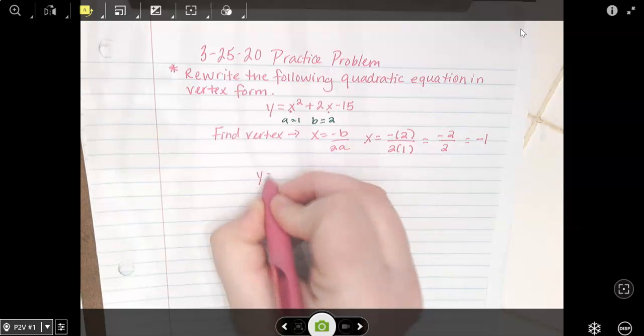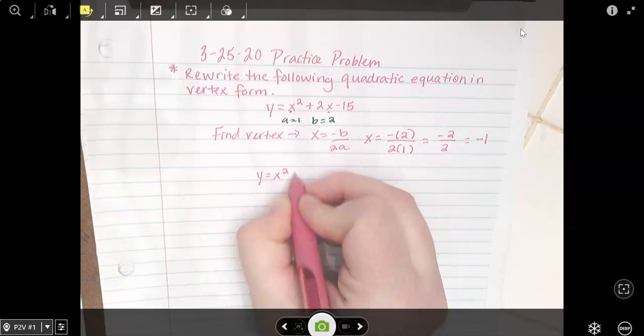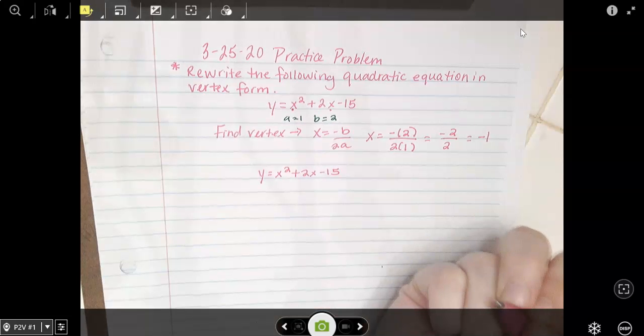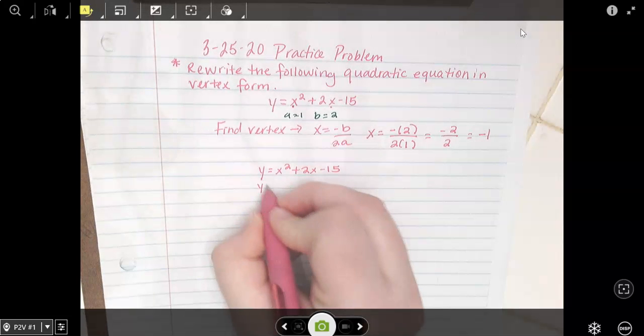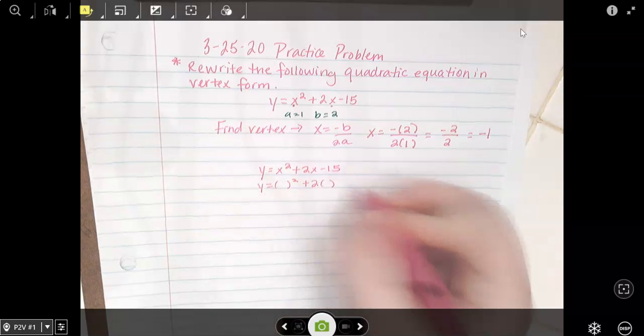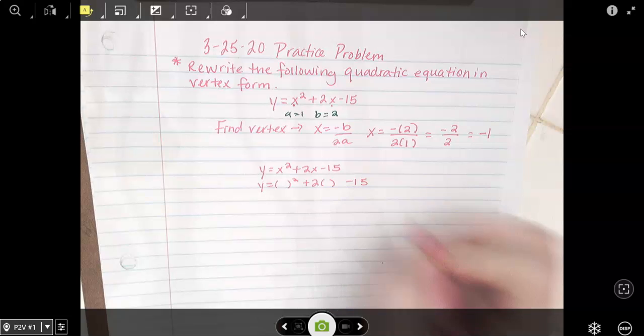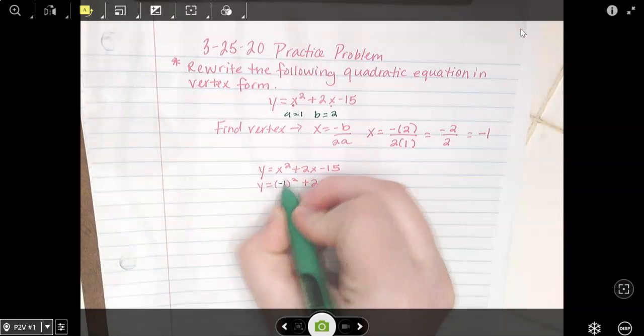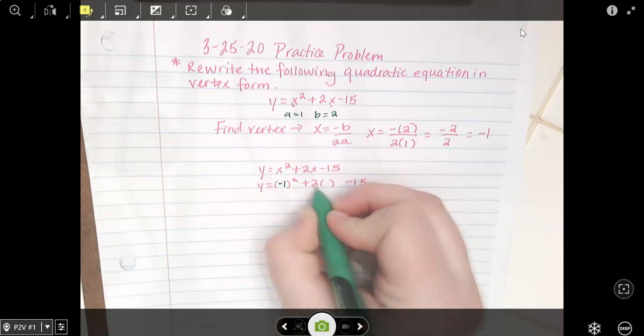So let's write that equation again. And then everywhere you have an x, put in a parentheses. Okay? And x is negative 1, so that is what you're going to plug in, substitute in right here.